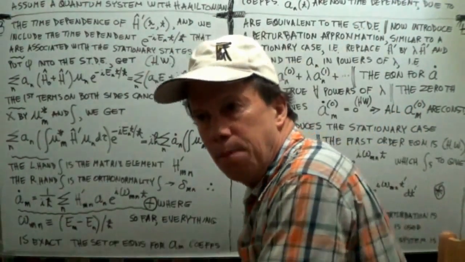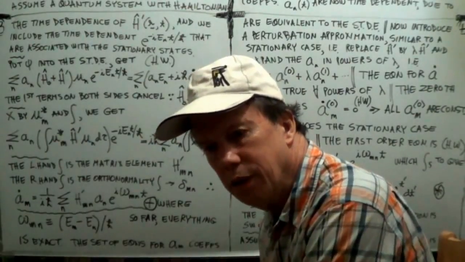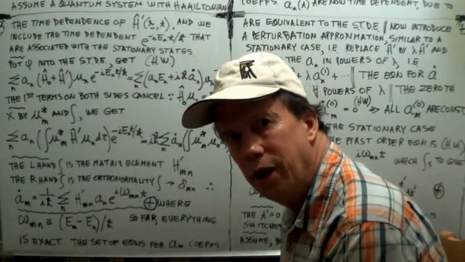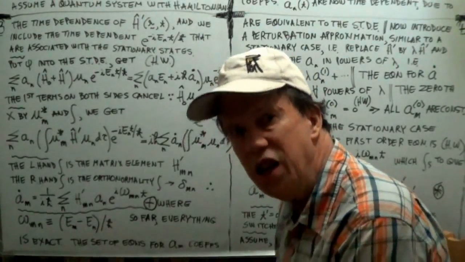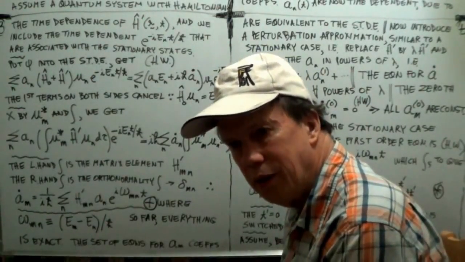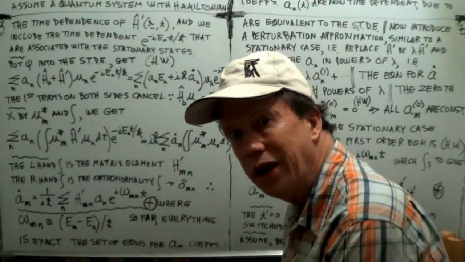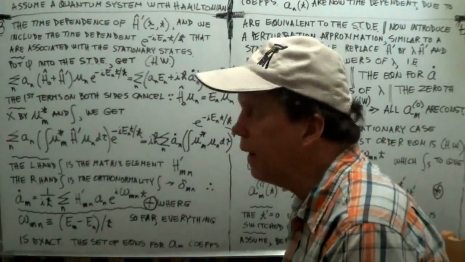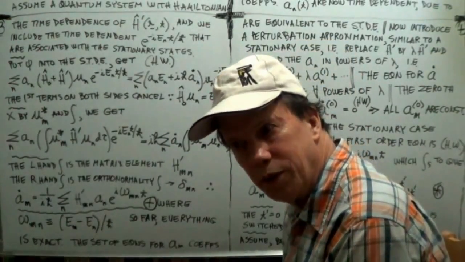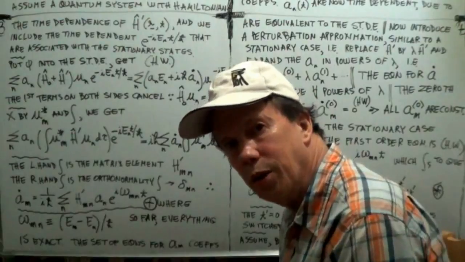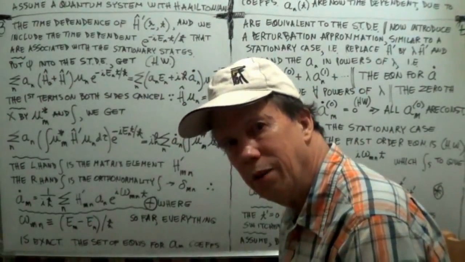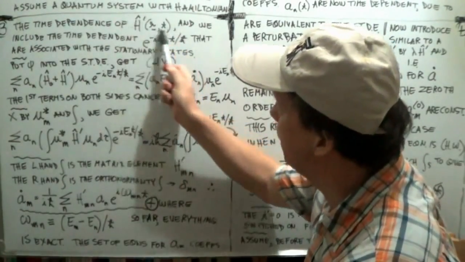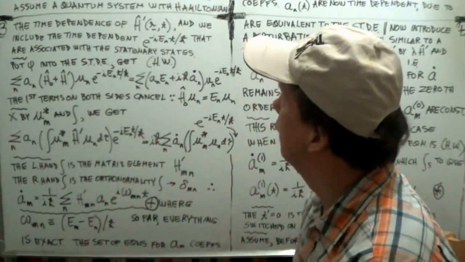Remember the Hamiltonian in the Schrödinger equation we split into two parts: H0, which we assumed was time independent and had energy eigenfunctions un, and the second part, H dashed, which was assumed to be time dependent. So here's your time-dependent part of the Hamiltonian.